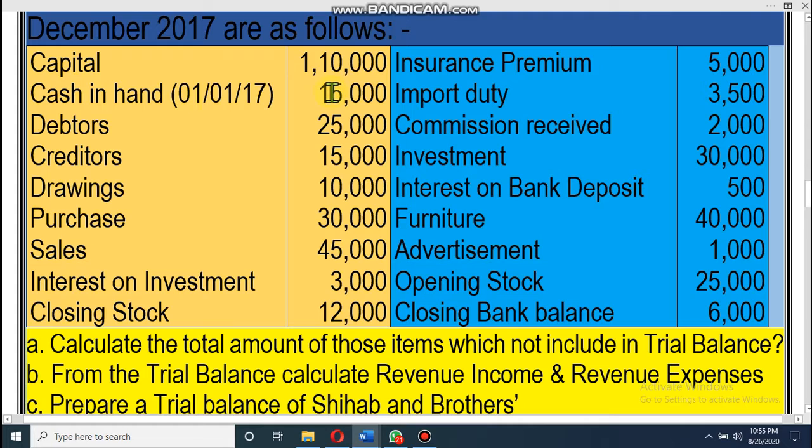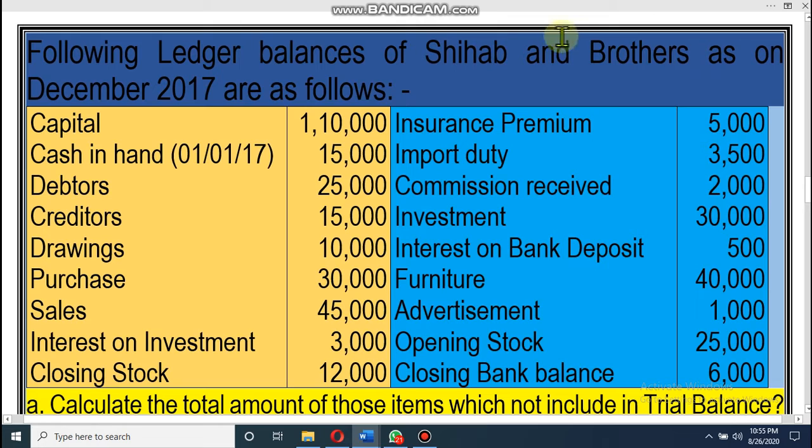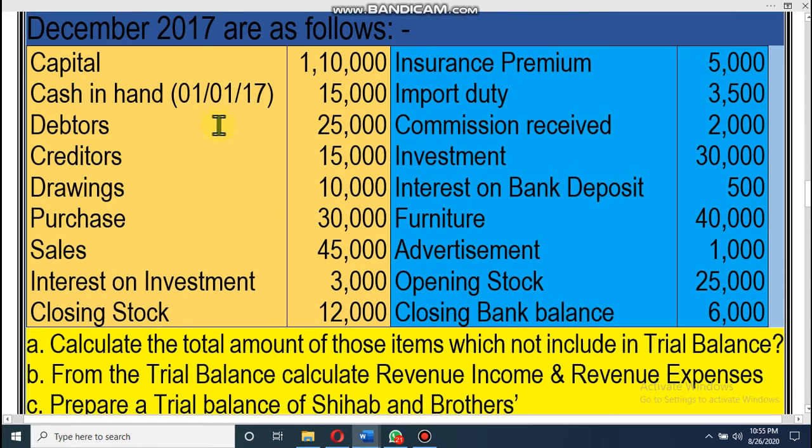Dear student, if you can remember the formula, I have told you that the opening balance of any asset will not be recorded in trial balance. So cash in hand is an asset, but this is the opening value. We are doing trial balance as on 31st December 2017. So first January 2017 is opening. So this will not be recorded in trial balance.